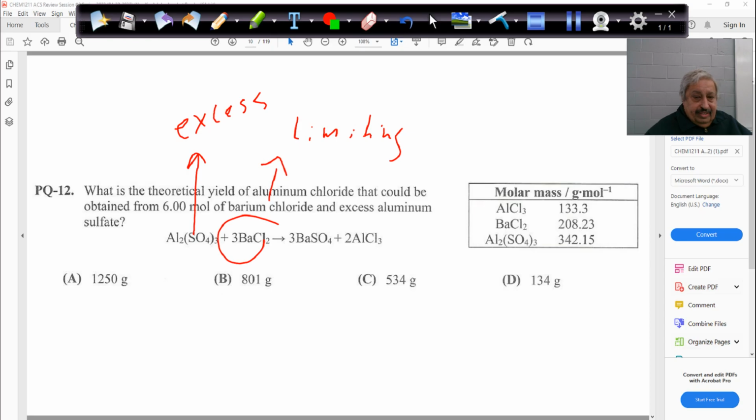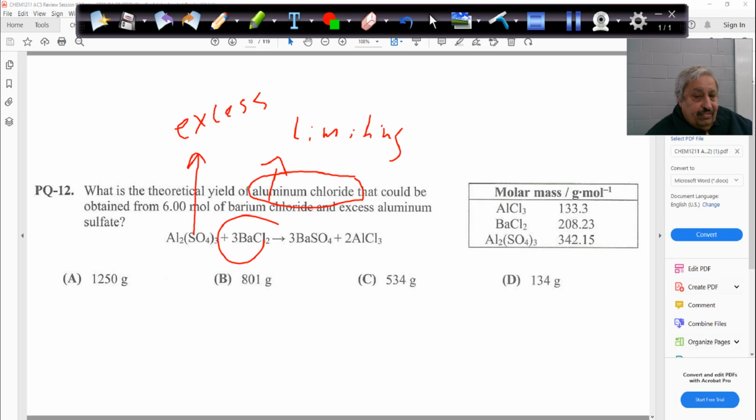What is the theoretical yield of aluminum chloride that could be obtained from 6 moles of barium chloride? Okay, so the limiting reactant is barium chloride and the excess is aluminum sulfate. For the theoretical yield, they give you what product they desire to produce or to consider.